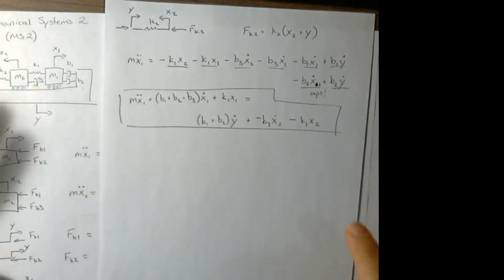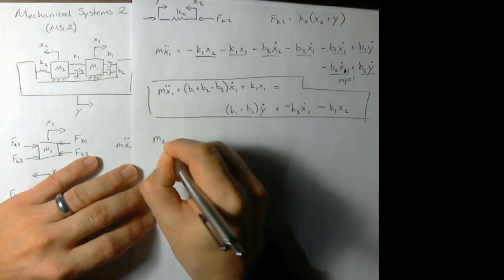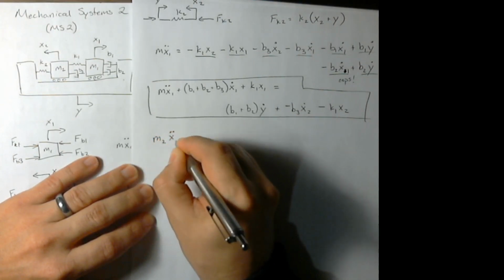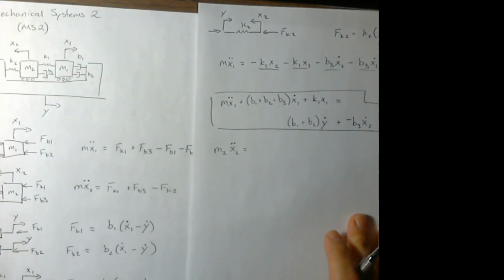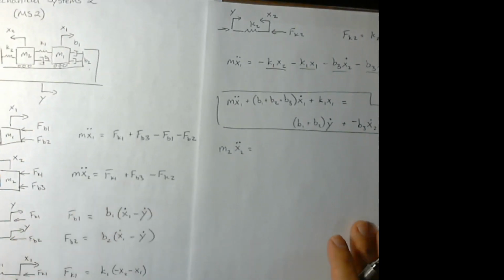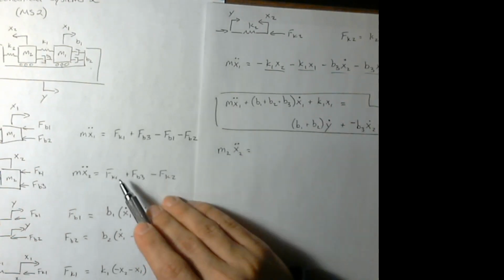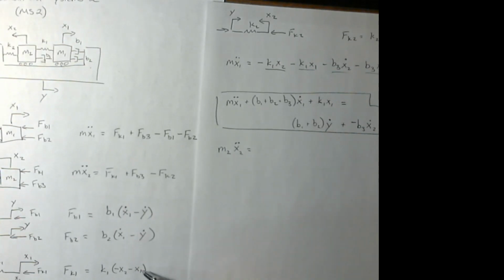All right, let's do that again with mass 2. m2 x2 double dot is equal to, all right, we only have 3 forces here. This should be way easier. K1, yeah, we need K1, that's right here.